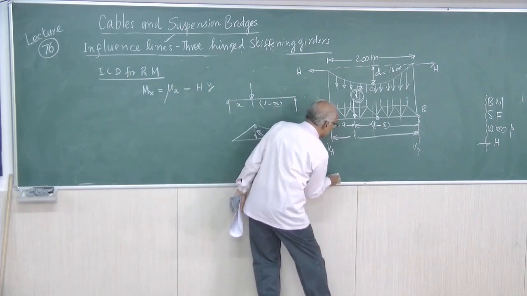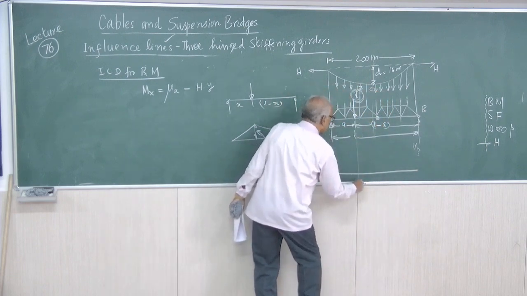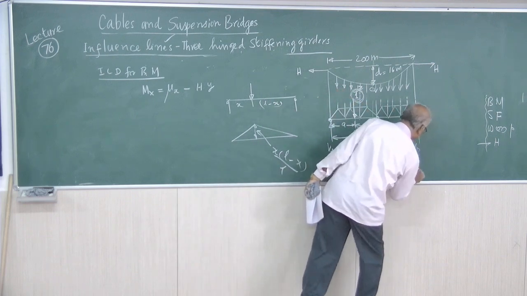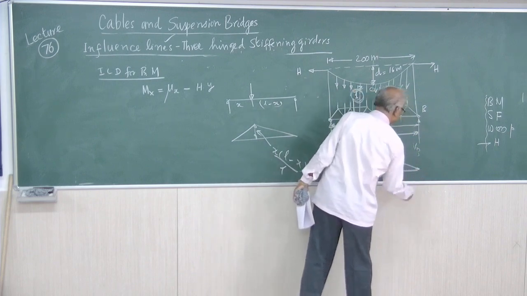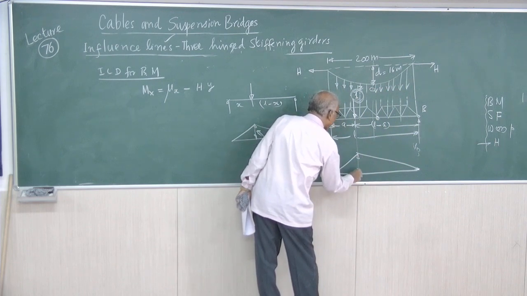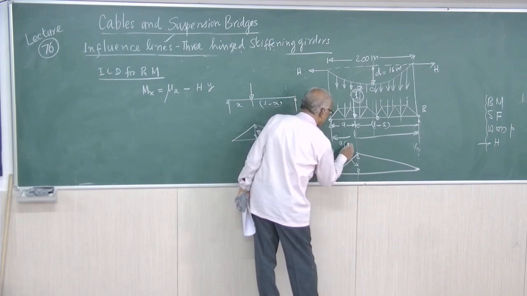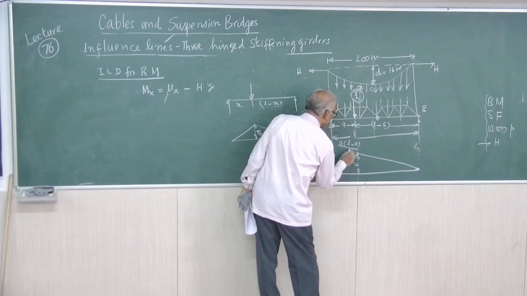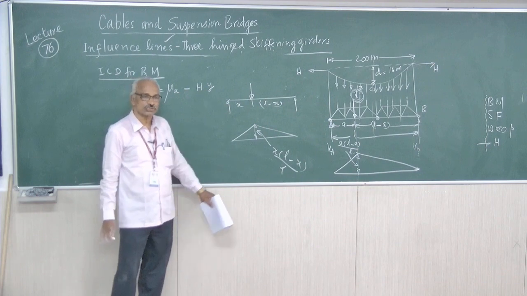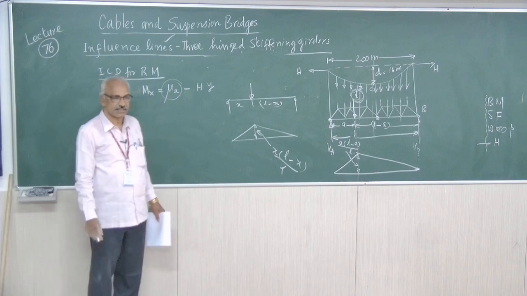Therefore, the influence line diagram for bending moment as a simply supported beam for a given section will be A into L minus A by L only, or x into L minus x by L only. There is no change, right? This is for Mx.